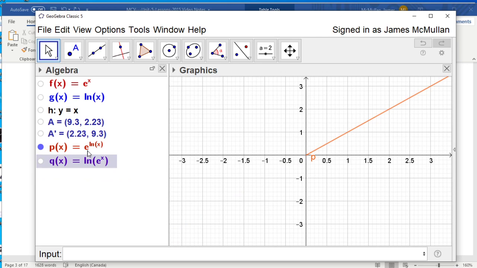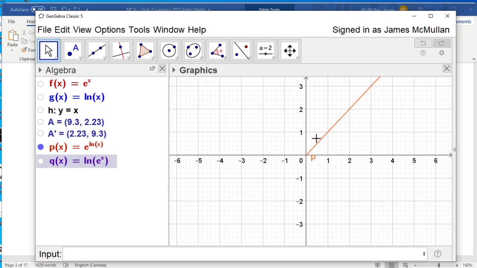If I say e to the power of natural logarithm of x, it produces the line y equals x, right? So it produces a straight line with a slope of 1, but only positive. If I do it the other way around, where I do the e to the x first and then take the log, I get the full line.